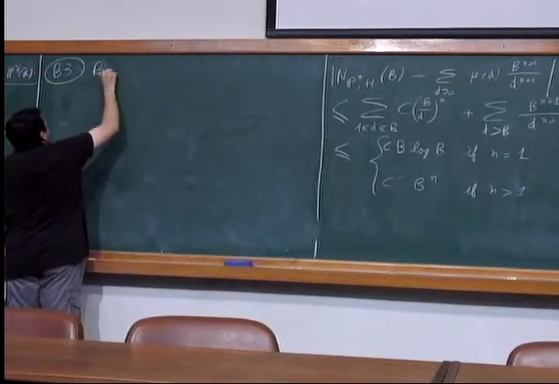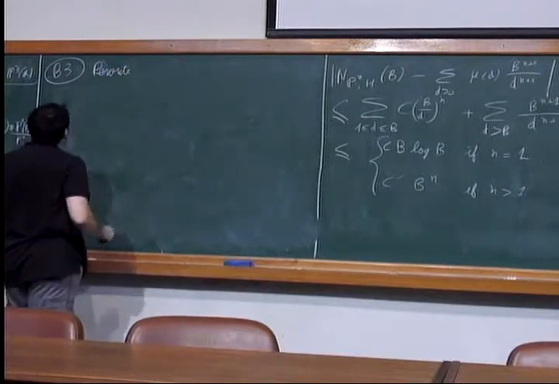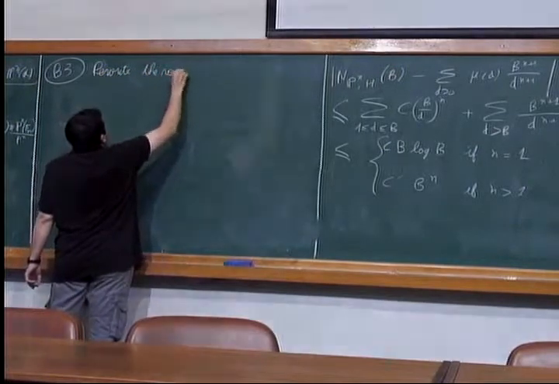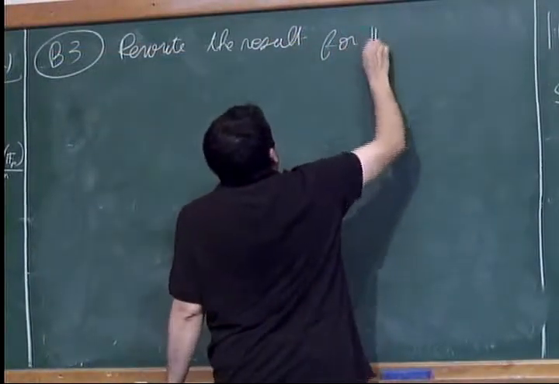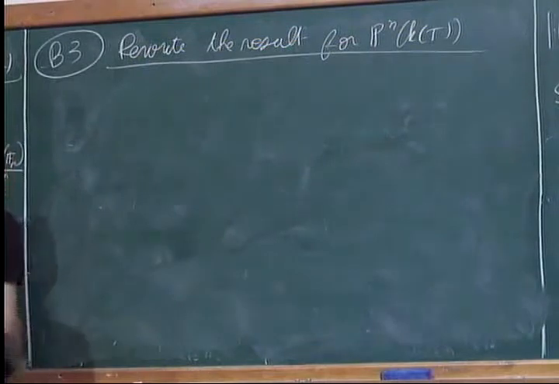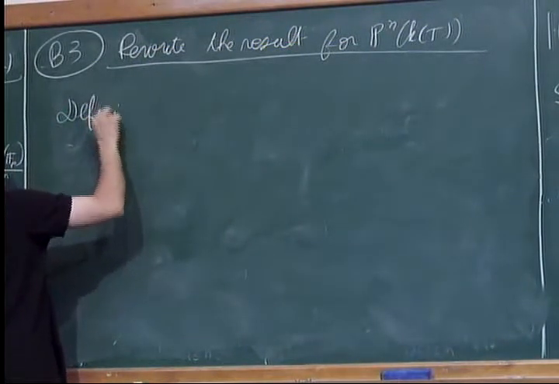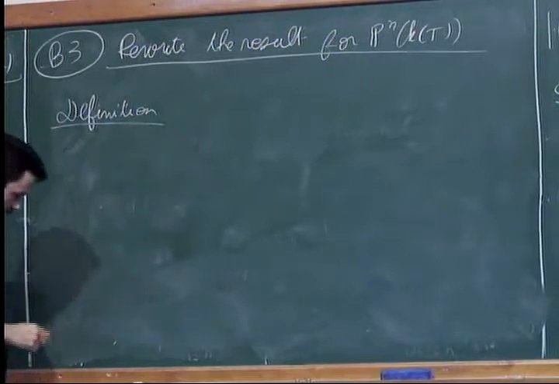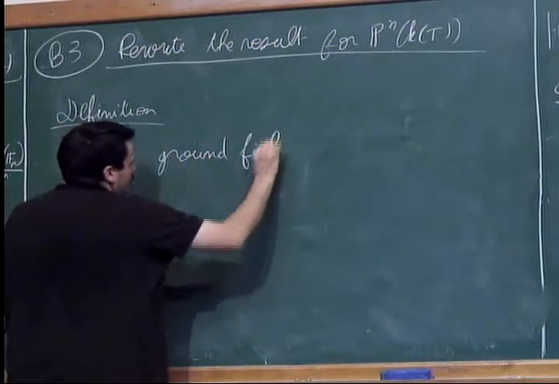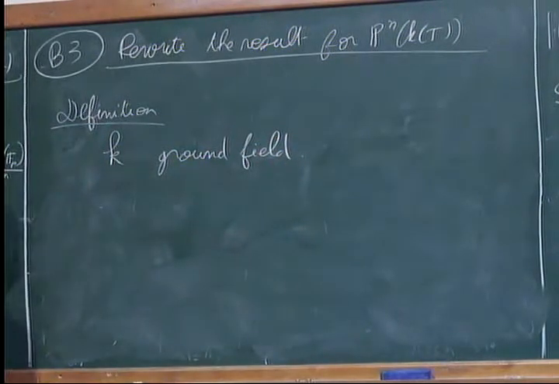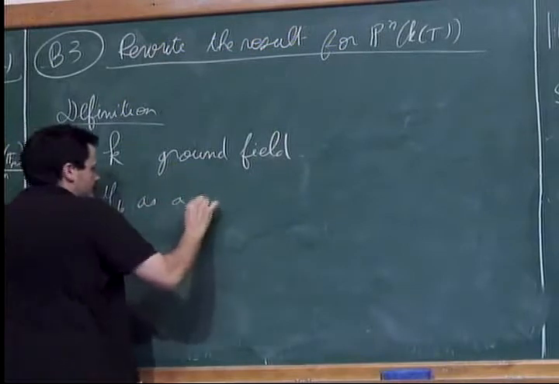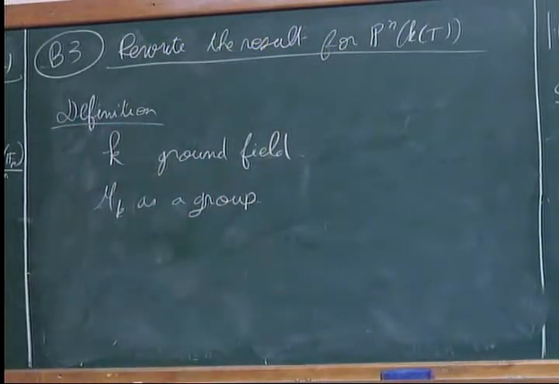Let's call it the ring of motivic integration. To be more precise, little k is a ground field, any ground field. And M of k, as a group, I define it by generators and relations.